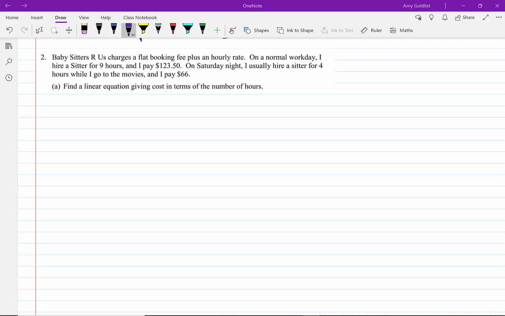So this is a question where we have 2 points and we're trying to find the linear equation between them. So first of all, the independent and dependent variable. Cost is always the dependent variable in a costing equation. So we have here cost depends on time.